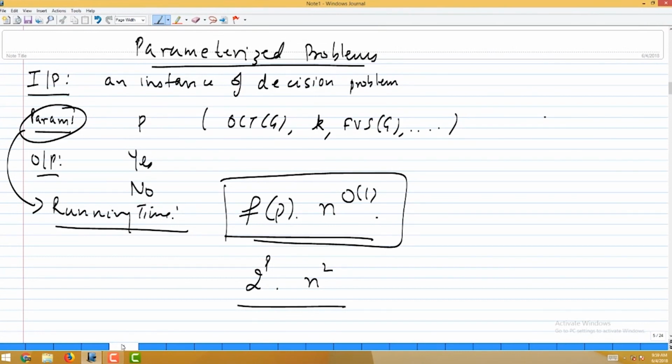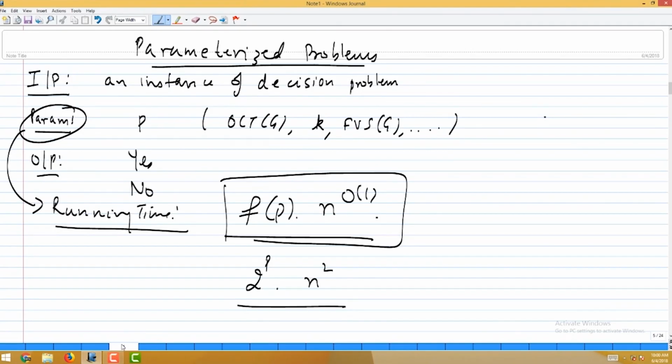Again, like NP hard problems, like classical problems, where you have a set of problems for which you cannot hope to get polynomial time algorithms, there are parameterized problems for which you cannot hope to get these kinds of algorithms. Okay, so hopefully we'll cover that in the last class.